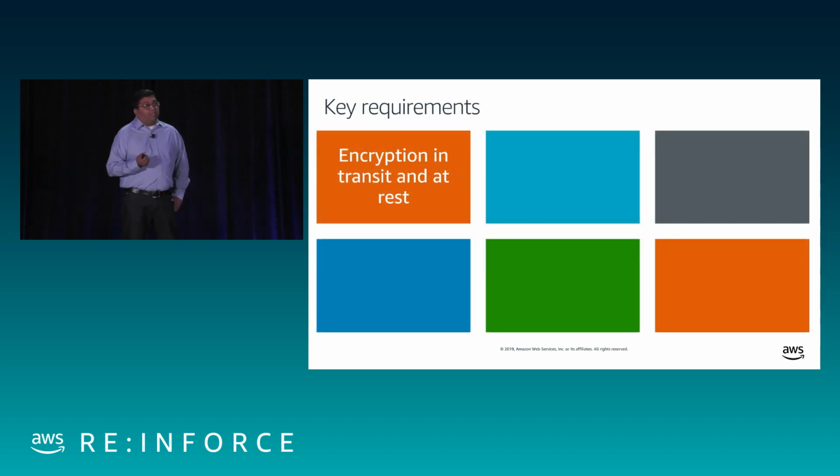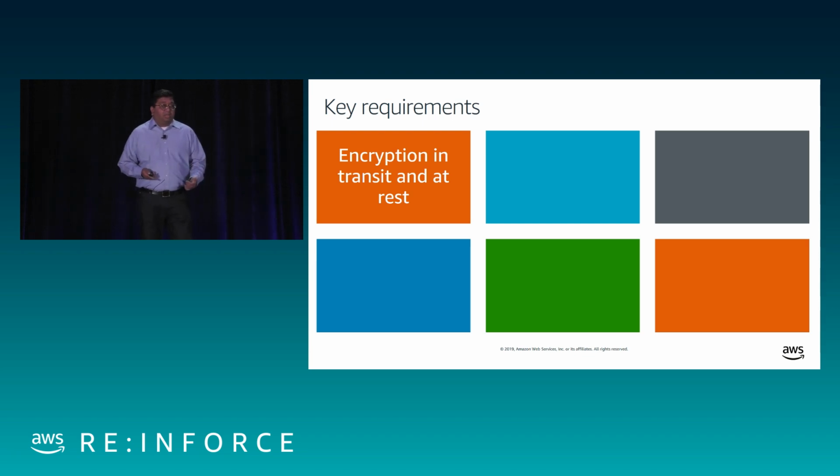Before we went down that path, we had some key requirements that we wanted to ensure are met. First is, anytime you have a data scientist working in production environment, we want them to work with data that is encrypted at rest, and while they are building their model or training, it's encrypted in transit.